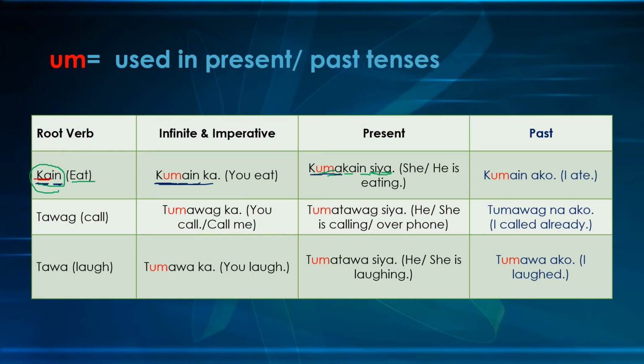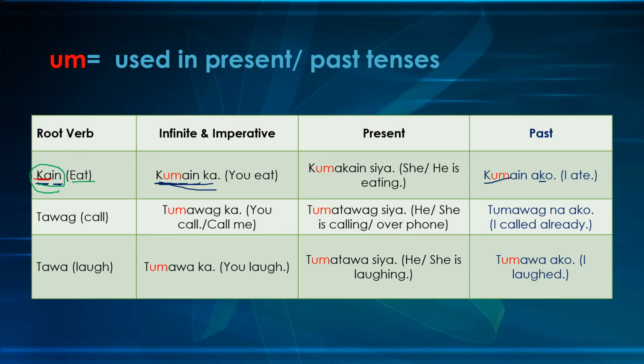Kuma is still present and in, making it kumain. But there's an additional syllable of ka. That's why we have kumakain. Kumakain siya. It means she is eating, he is eating. In the past tense, we have just the simple kumain. Kumain ako. I ate.